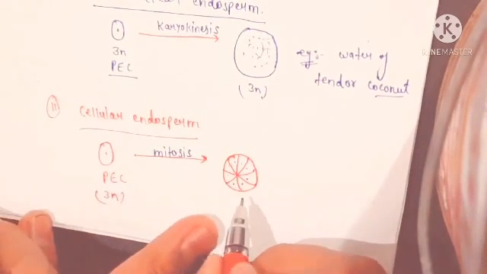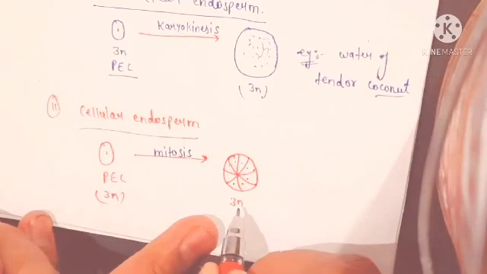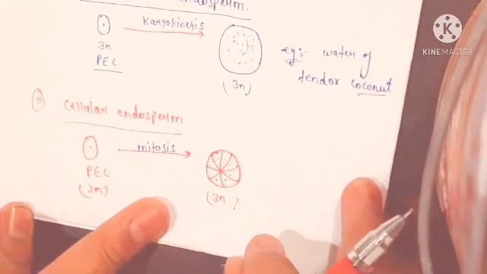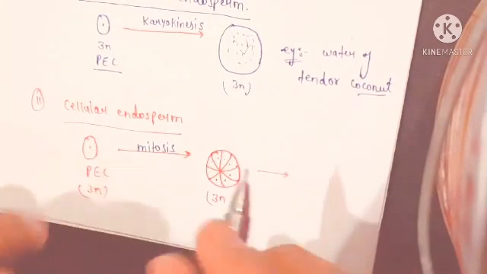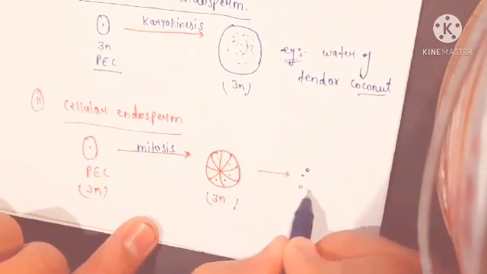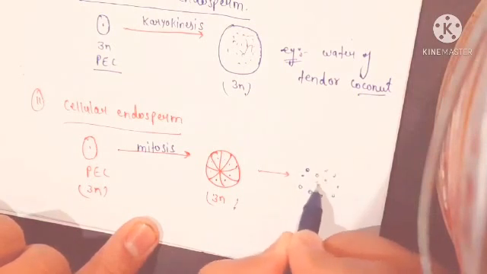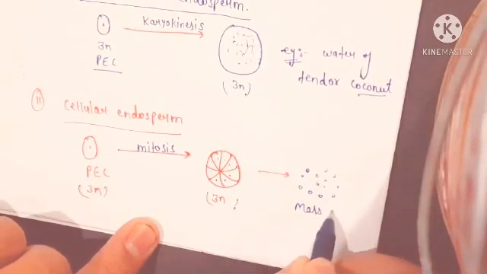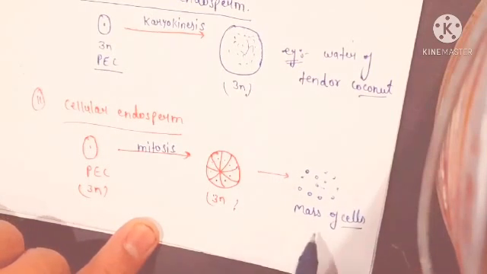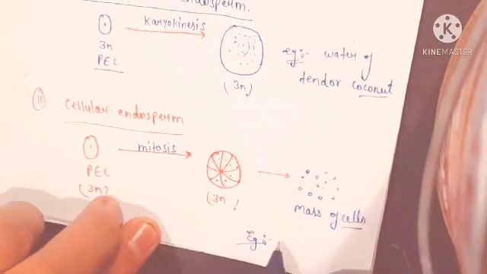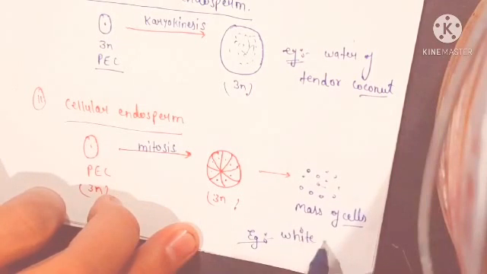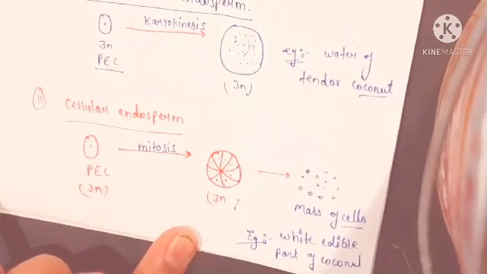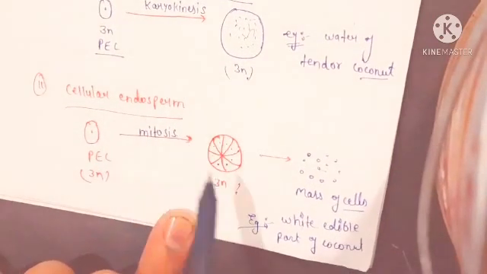There is a mass of cells present. For example, the white edible part of coconut is an example of cellular endosperm.